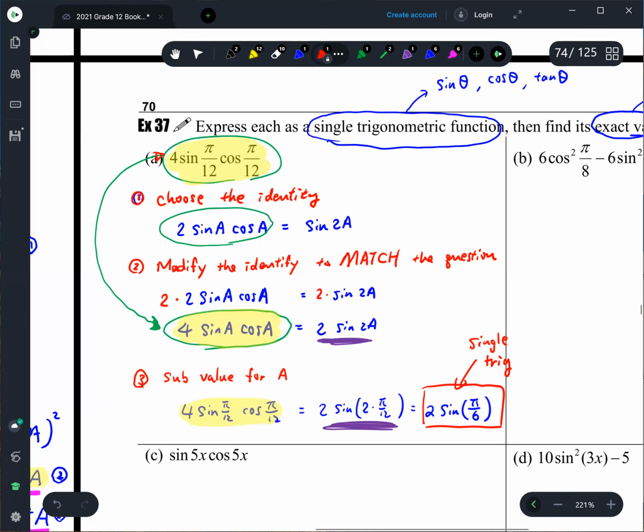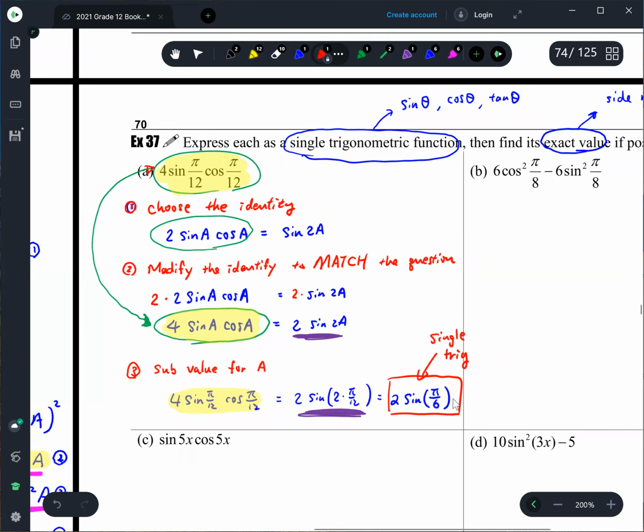Does anyone have questions of what's going on? I explain very, very detailed here, step by step. Of course, starting next question, we're gonna speed up a little bit. This is our first question. I want to make sure everyone gets it. Any questions here? This is called single trig.